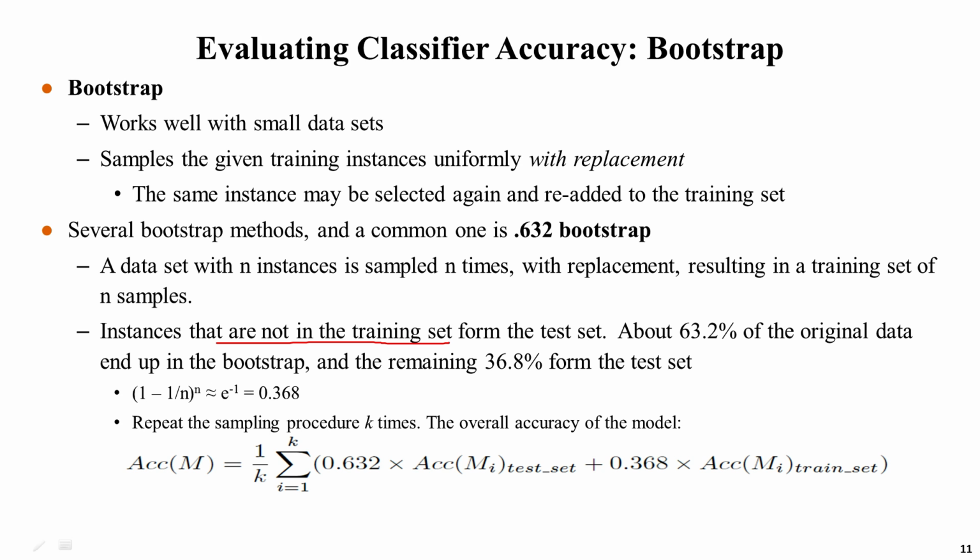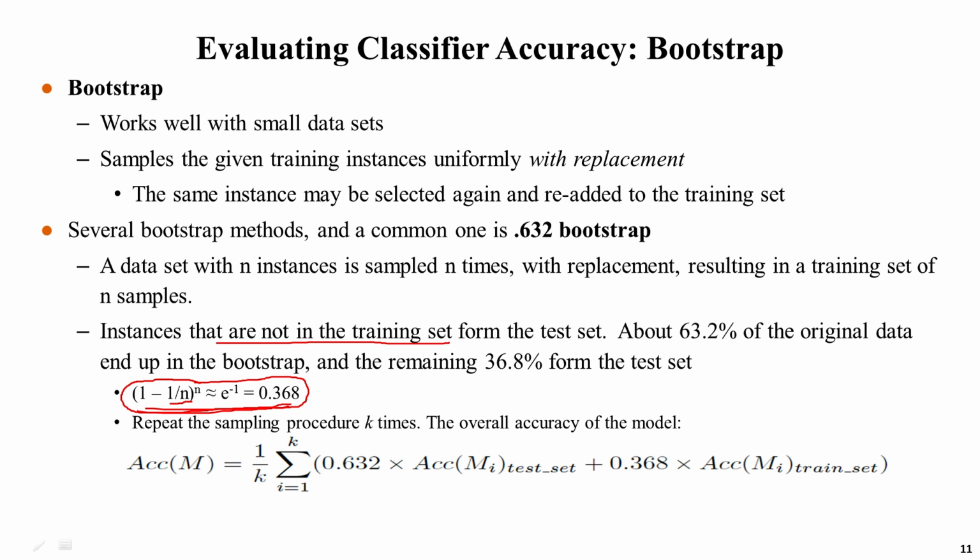This is how we get to that number. If we pick instances randomly, the probability of picking one of them is 1 divided by n, and the probability of not picking it is 1 minus 1 divided by n, and that is repeated n times.